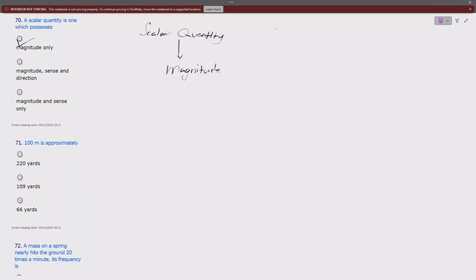And a vector quantity, take note, is magnitude and direction.